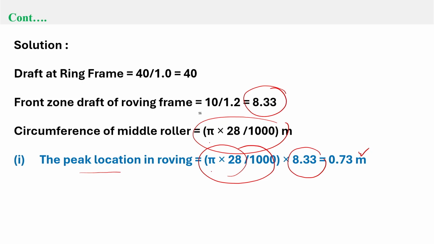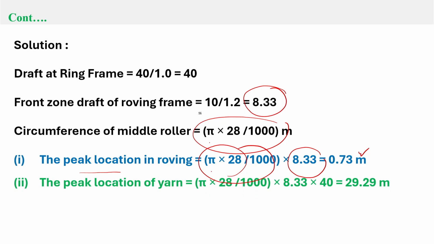Now, when we want to measure the yarn, the peak location of yarn is the roving location multiplied by the draft in the yarn, and this becomes 29.29. These are the answers.